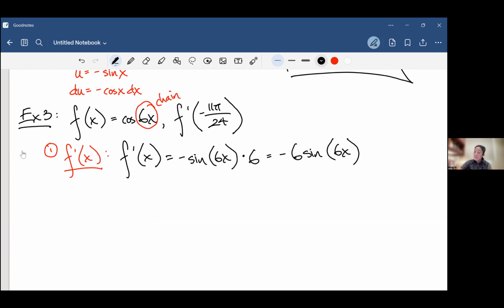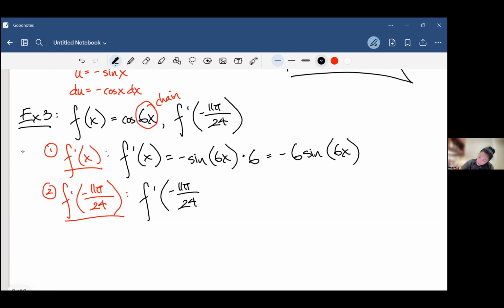Okay, that's my derivative. Now I just need to plug in that point that I'm interested in, negative 11 pi over 24. Okay, so f prime of negative 11 pi over 24 is negative 6 sine of, I'm going to write the 6 as 6 over 1.